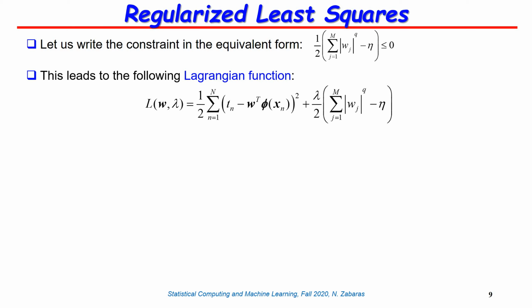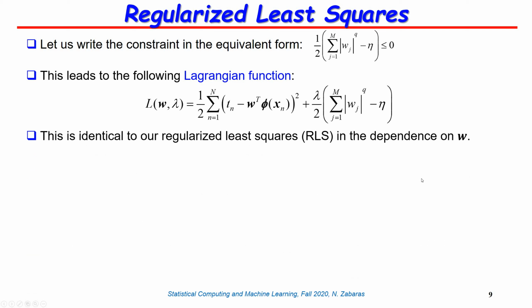As a first step, you take derivatives with respect to W and set those equal to 0. If you do that, you notice the only dependency on W is in this first term.